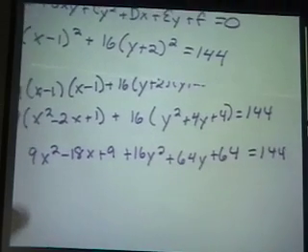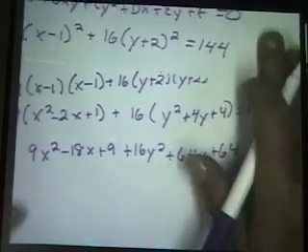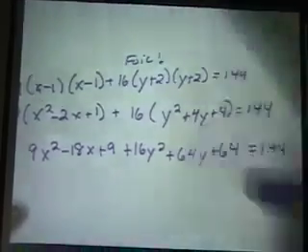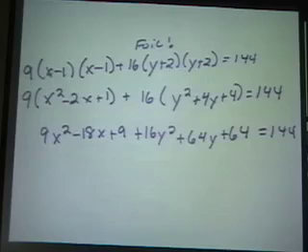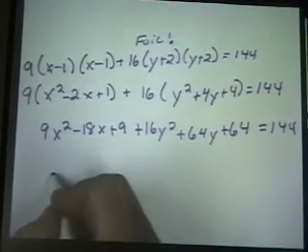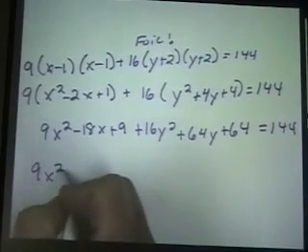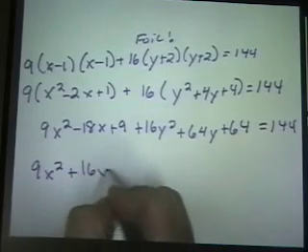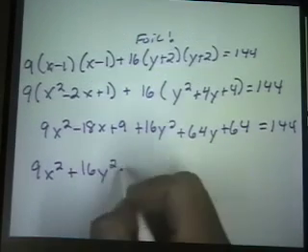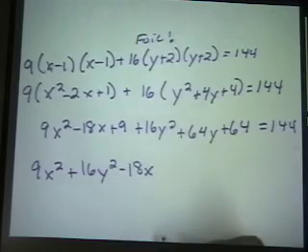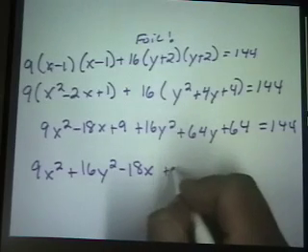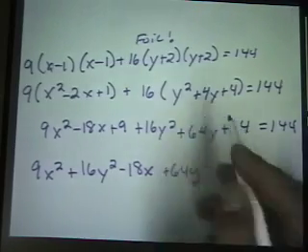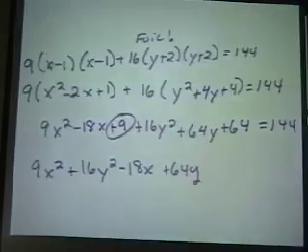And my final step is just to arrange in standard form. I want to get x's first. I'm going to have 9x squared, then my y's, plus 16y squared, then my x's, so minus 18x, then my y's, plus 64y, and then I'm going to combine my constants.